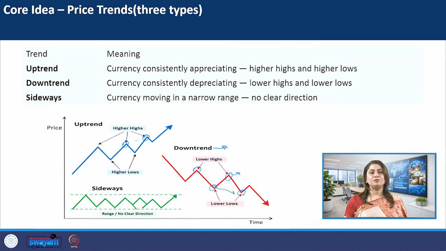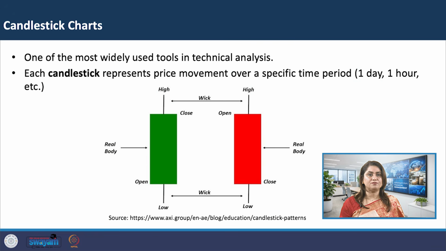Now, identifying which type of trend a currency is in and at what stage of that trend it is the foundation of technical forecasting. One of the most widely used visual tools in technical analysis is the candlestick chart, and understanding it is essential for reading price data the way a trader does.